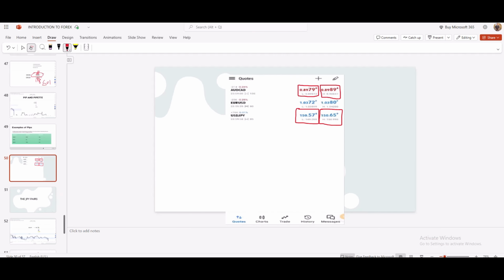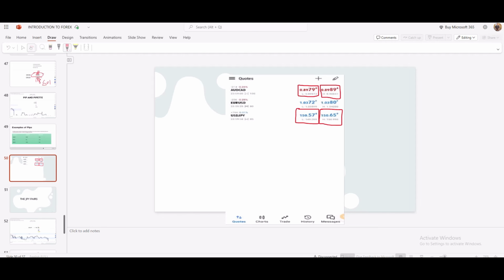Now, in your MT4 or MT5, you find out that there are a lot of prices running in this particular place, especially when the market is open. So between Monday to Friday, you find out that the whole numbers here keep changing very fast. Now, look at my screen.